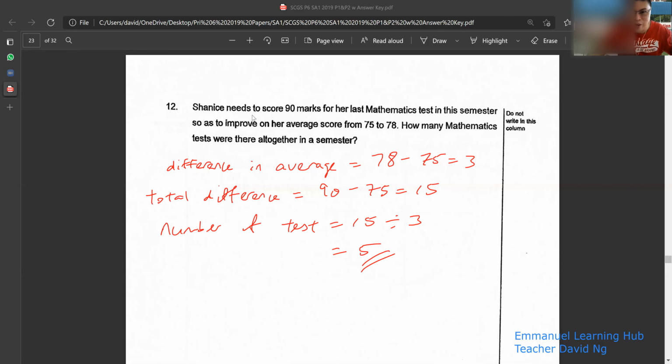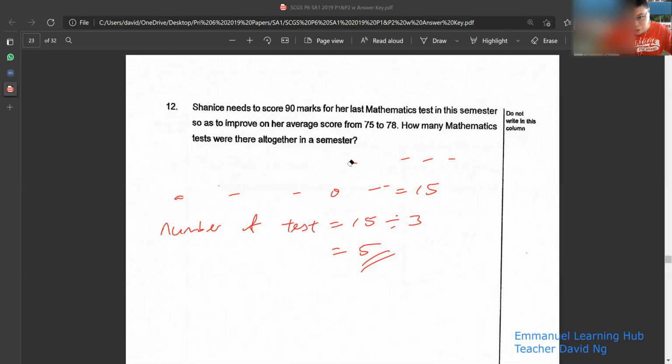Wow, very smart. If you can understand, you choose which one you feel more comfortable. But I would strongly encourage to use the algebra method. The reason is because in secondary one, everything is algebra.